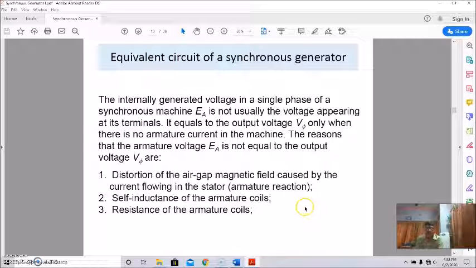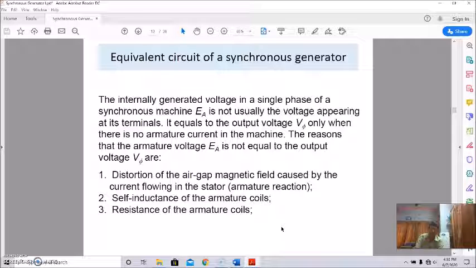So these are the three factors: one is armature reaction, another is the armature coil self-inductance or leakage self-inductance, and another is the resistance of the armature coils. The last two together constitute the synchronous impedance part.